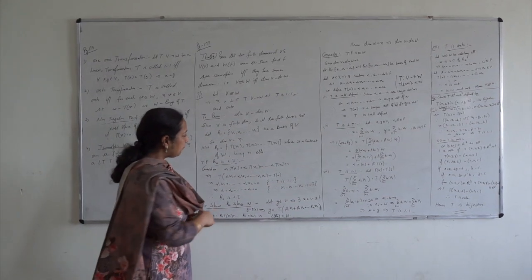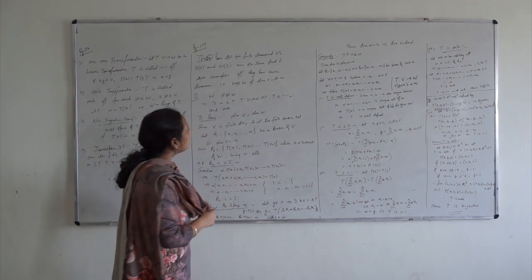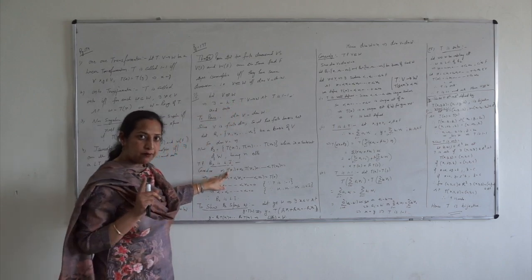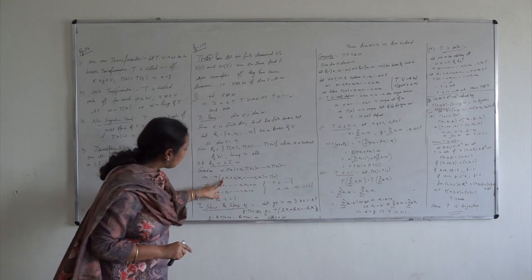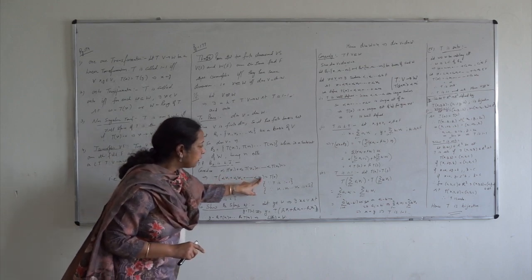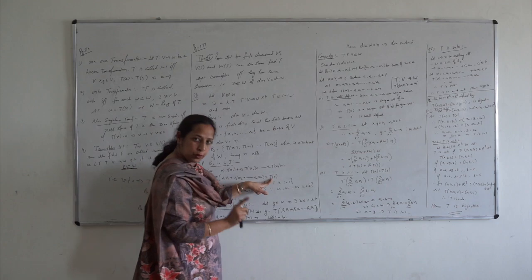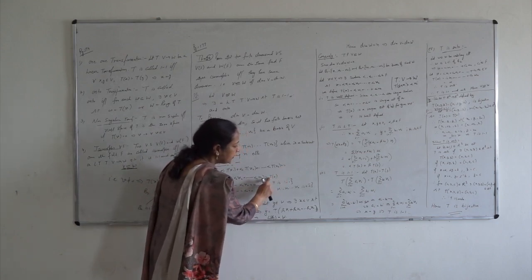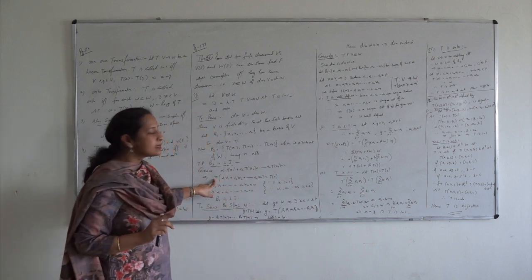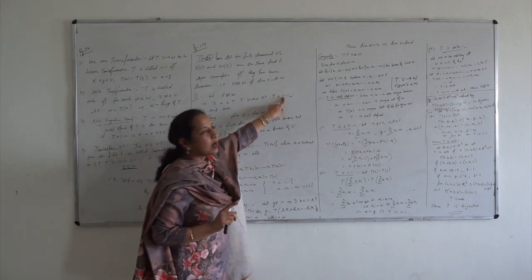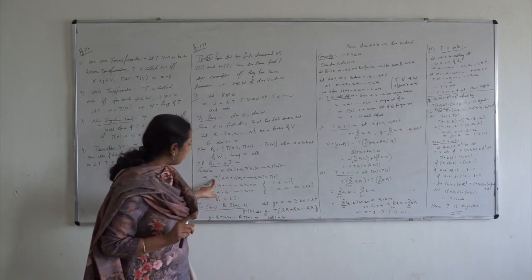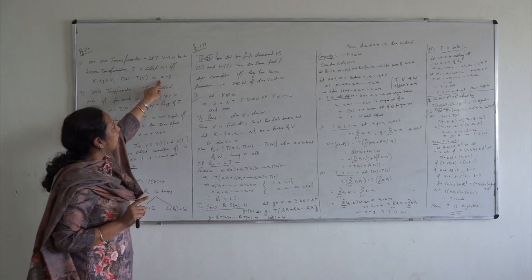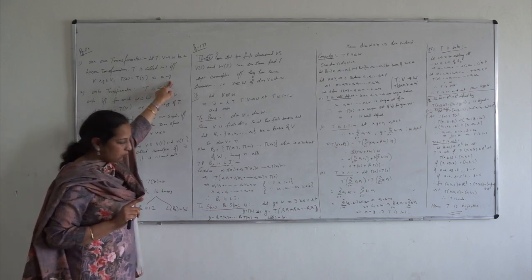Since T is a linear transformation, by the definition of linear transformation, T of alpha1 v1 plus alpha2 v2 up to alpha n vn is equal to 0, and we also know T of 0 is equal to 0. So we can put here T of 0. T is given to be 1-1. If T is a 1-1 mapping, that means T of x equal to T of y implies x is equal to y. This is the definition of 1-1.